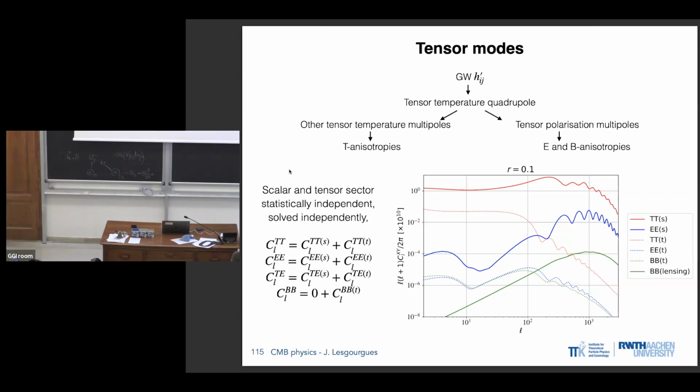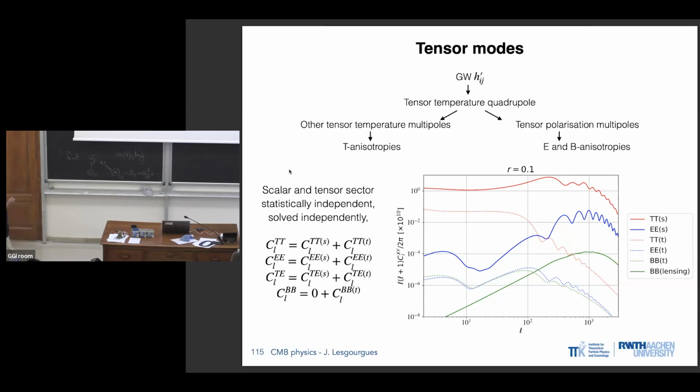So we have already done all what we could do by using information from temperature. We know that this curve is low and we have an upper bound, and we cannot improve this bound because our temperature measurement for small l is dominated by cosmic variance. So we have to go to other signals.